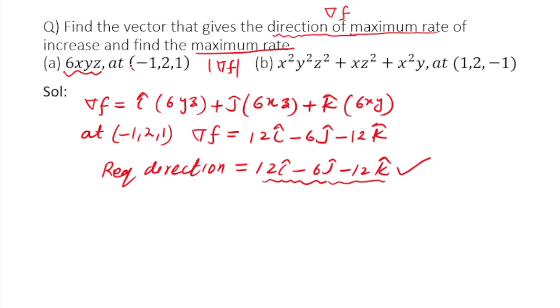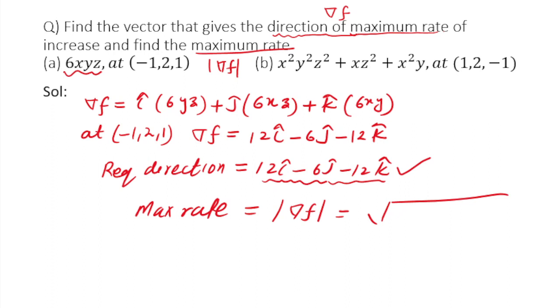Now the second question is find the maximum rate. So maximum rate is what? Maximum rate is equal to the magnitude of del f. So we just have to calculate the magnitude. You take the square of i cap, so 12 square, plus 6 square, and then again plus 12 square.